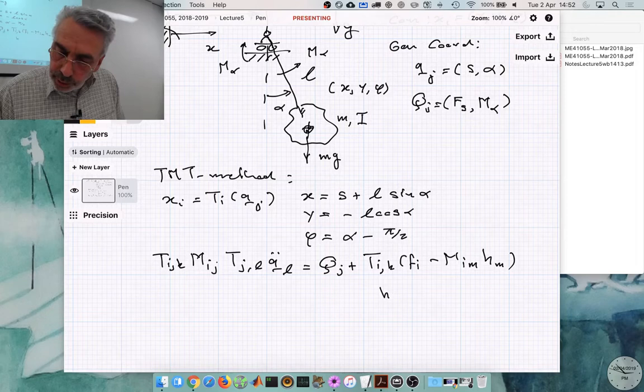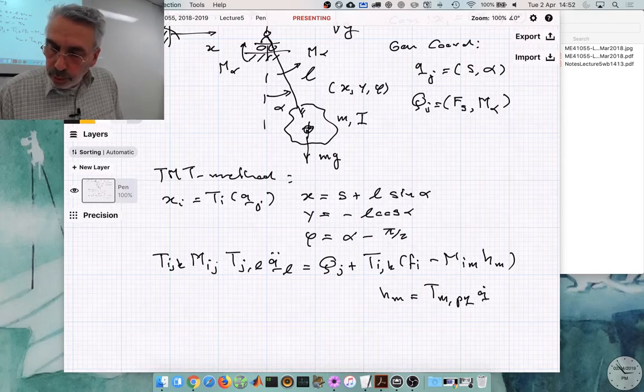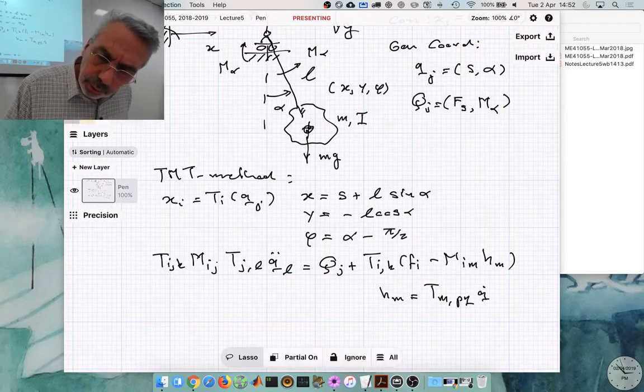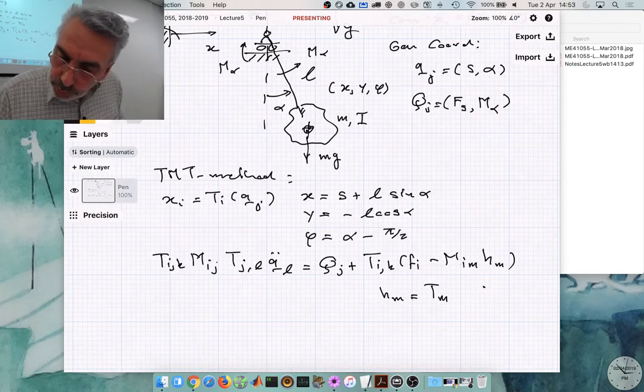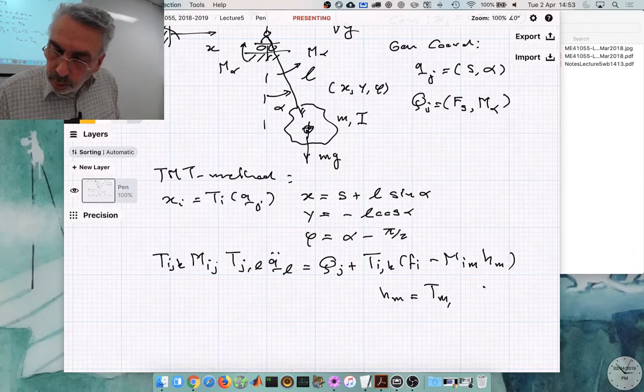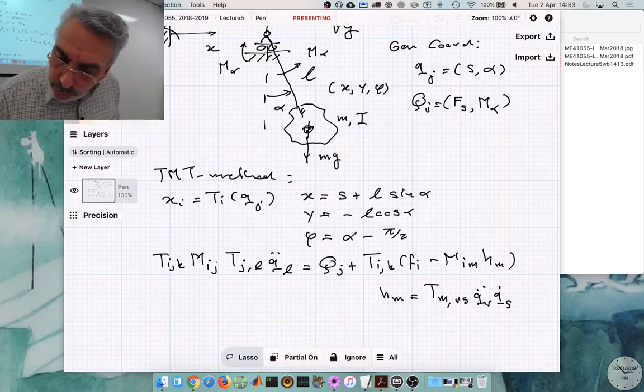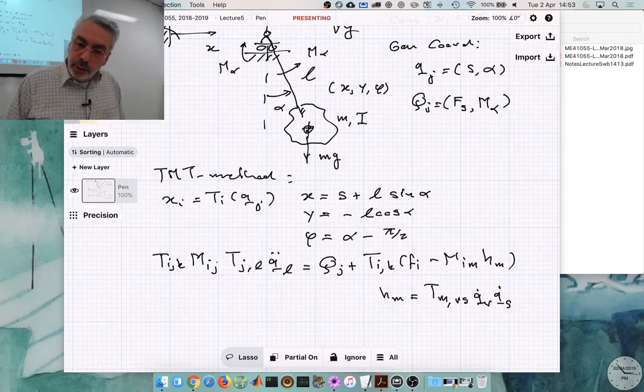And to be specific, this h_m is this T_mpq, q dot r, q dot s. Yeah. So as you see, you can just make up these indices as you go along.